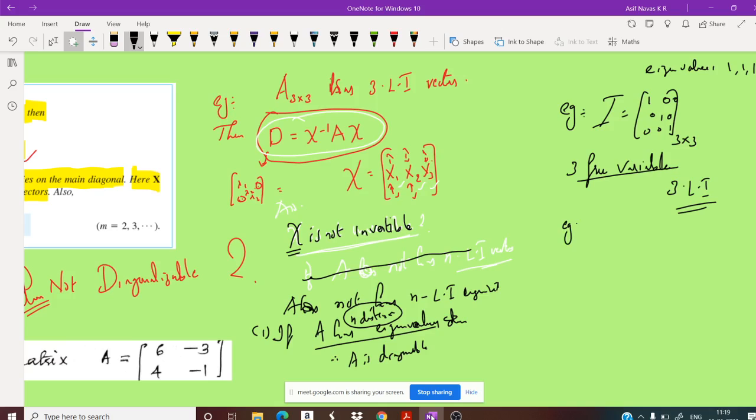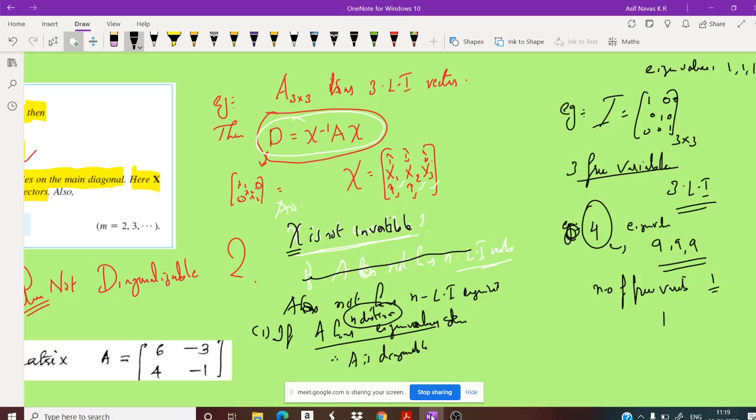In the last class we discussed question number 4. Do you remember that? In that question, we got eigenvalues 9, 9, 9 and the number of free variables was 1.